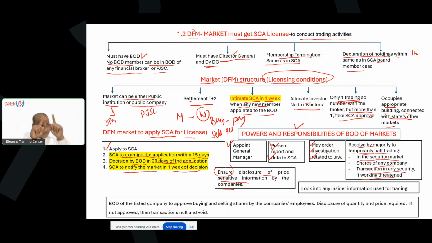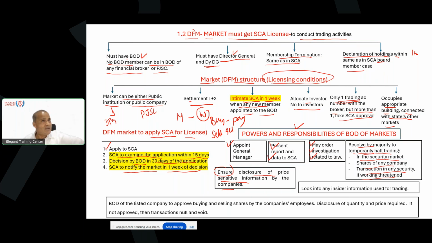So that is why that information, that news is called price sensitive information. That means that information is having a bearing on the price. That information once disclosed to the market, the price will be affected. That's called price sensitive information.